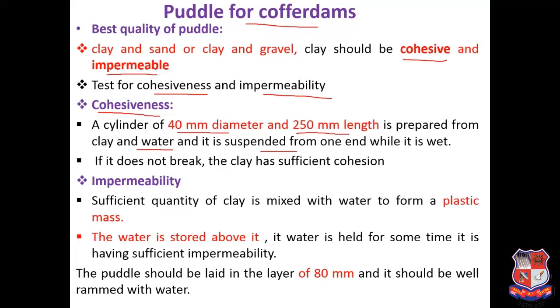It is suspended from one end while it is in wet condition. If it does not break, then it has sufficient cohesive property. For impermeability, a sufficient quantity of clay is mixed with water to form a plastic mass, and water is stored above it. If water is held for some time, you can say it has sufficient impermeability. So these two tests are generally done before selection of puddle.